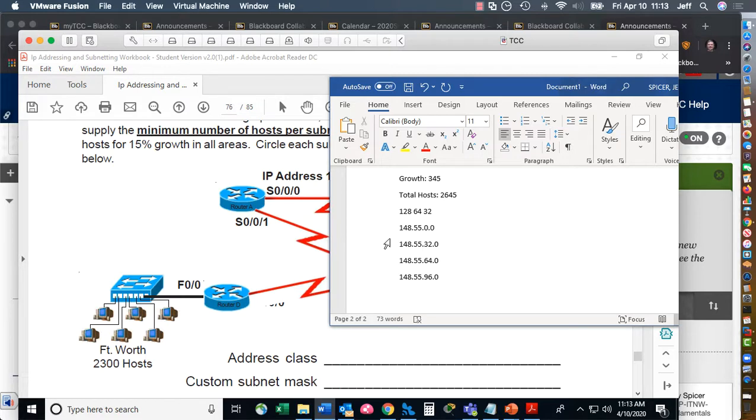And we're going to have 8 of them, but we only need 5.